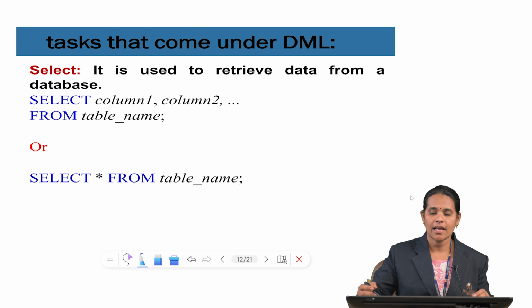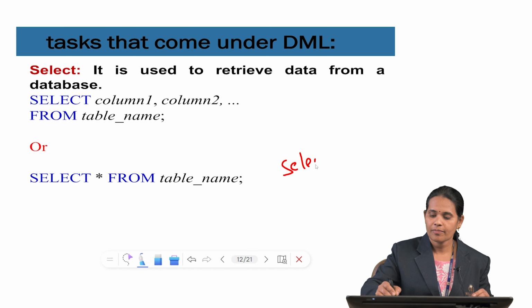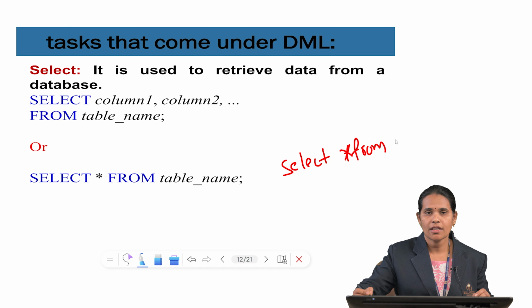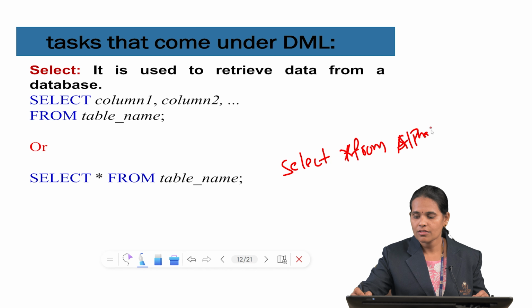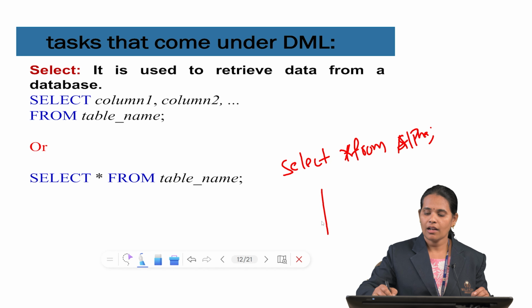For that, the syntax is select star, and here we need to mention the particular table we need to retrieve. The name of the table is alpha. Hence from the database we are going to get the alpha table.